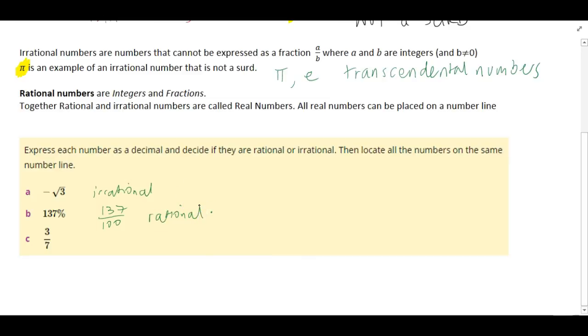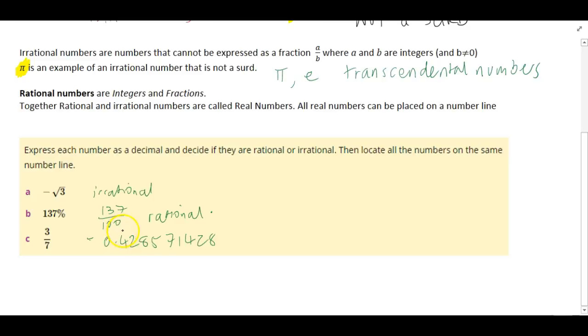Now 3/7. This is an interesting one, because if you put in your calculator 3 divided by 7, which is what it's asking you to do, and your calculator's got enough decimal places, you'll see that that's equal to 0.428571428. And you might look at that and go, well, there's no pattern there. But what you'll find, if you keep going, my calculator only has 9 decimal places in this case, it would go on, it would repeat this pattern.